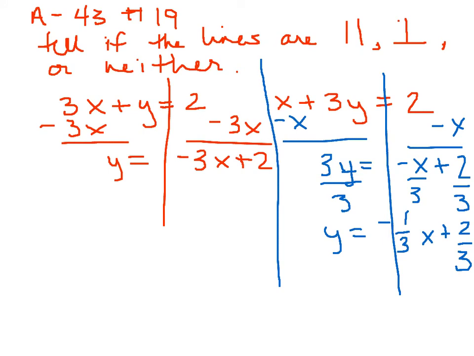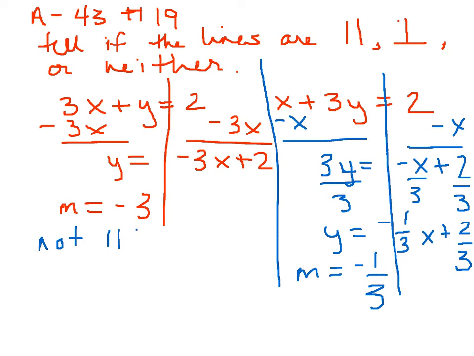So I'm going to see this guy here, his slope is negative 3. And this equation over here, his slope is negative 1/3. Well, they're not parallel because their slopes are different.